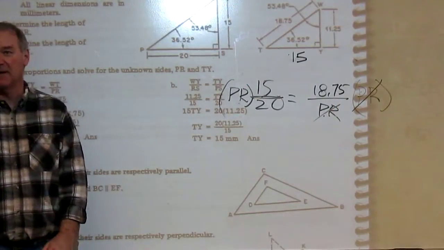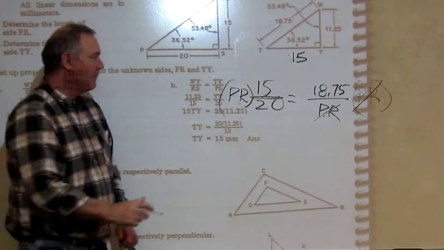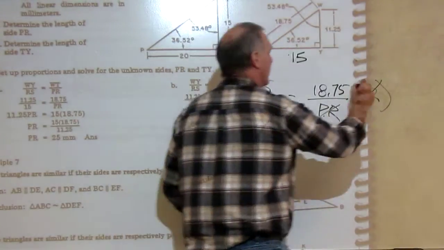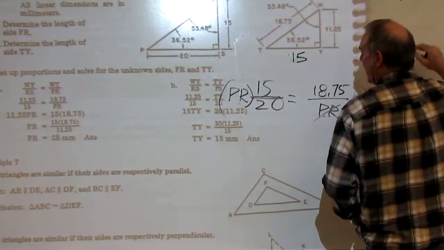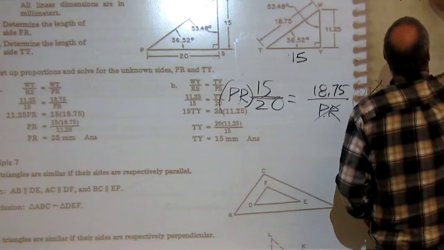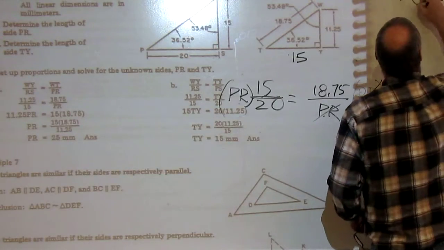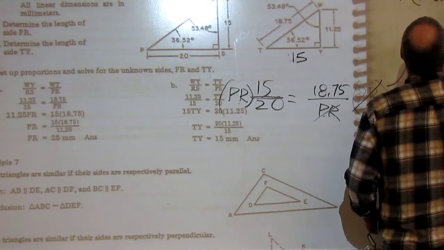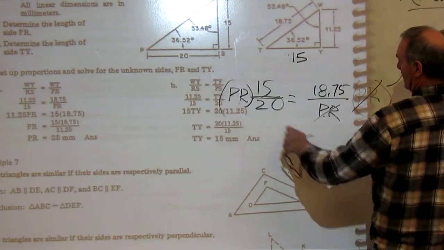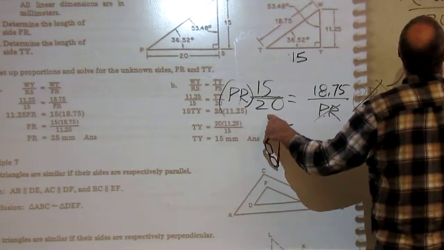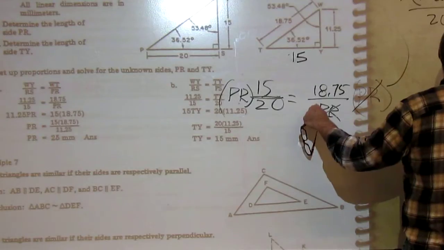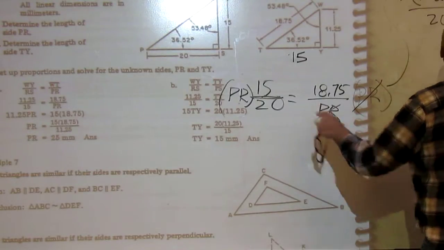So I'll say that it cancels. And I'm left with PR times 15 divided by 20 is equal to 18.75.